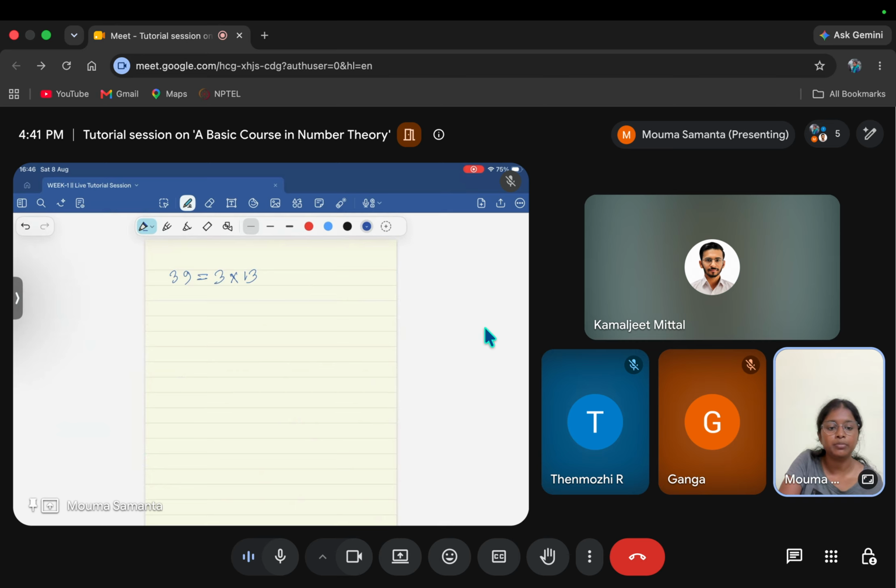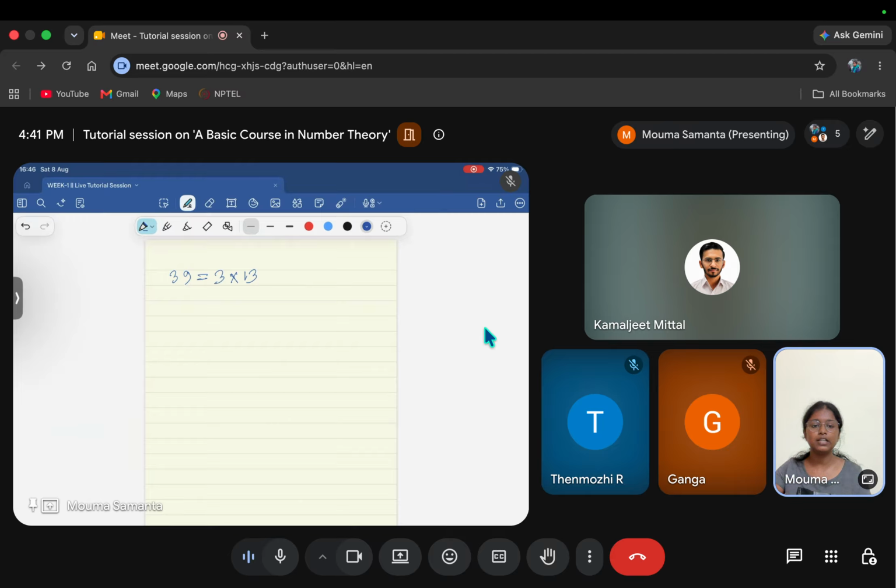So if 39 is dividing some element, this is equivalent to 3 dividing that element and 13 also dividing that element, right?